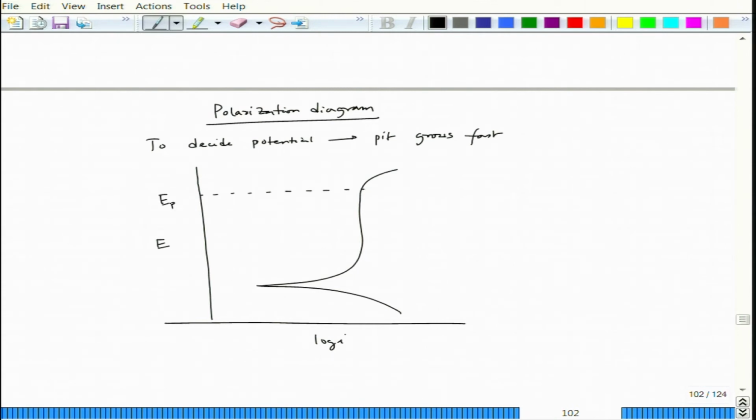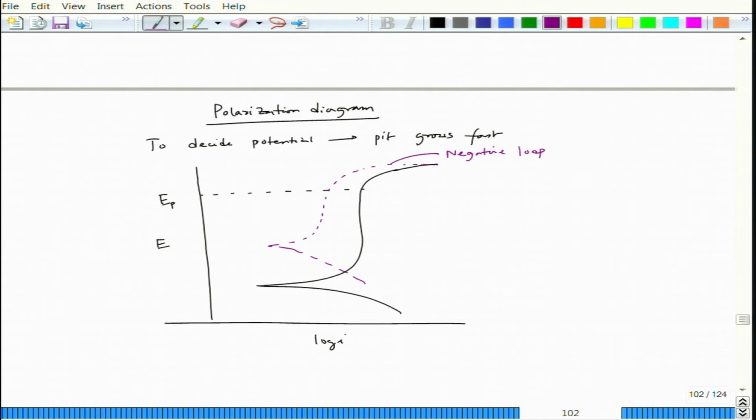Okay. Now, if we do cyclic polarization, then let us say it has gone to this level, and from that we are reverting back in the potential axis. If we revert back, it can come this way and it can have a graph like this, which is called negative hysteresis or negative loop.